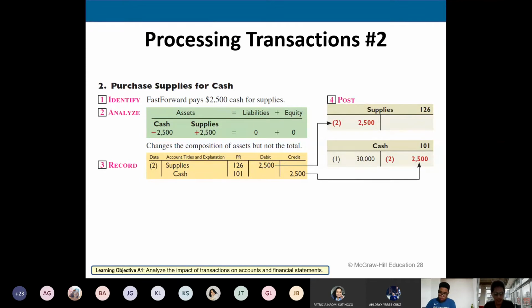What if you purchased these supplies not in cash, but in the form of notes? What's our entry? I mean, utang, you borrowed, you haven't paid yet.